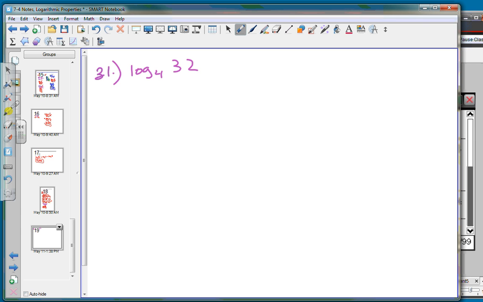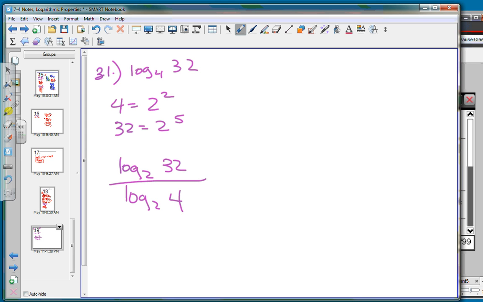Number 31. Log base 4 of 32. Can I express 4 and 32 to have the same base? Yes, I can. 4 is 2 squared and 32 is what? 2 to the 5th. So how do I want to write this? What base do I want to use? 2. So I want this to be log base 2 of 32 over log base 2 of 4.